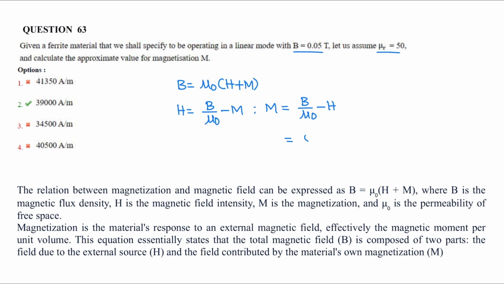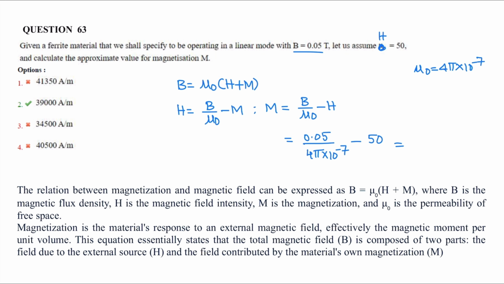So the value of B is 0.05. Mu naught is 4 pi into 10 power minus 7, and magnetic field value H is 50. So here it is not mu r, in the question it is H. We know that mu naught value is 4 pi into 10 power minus 7.